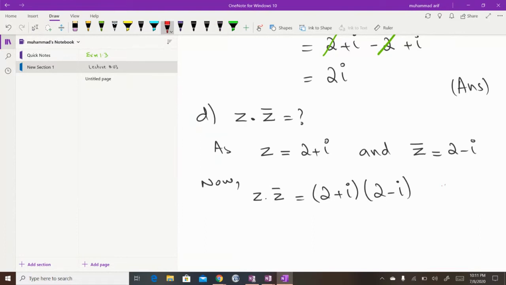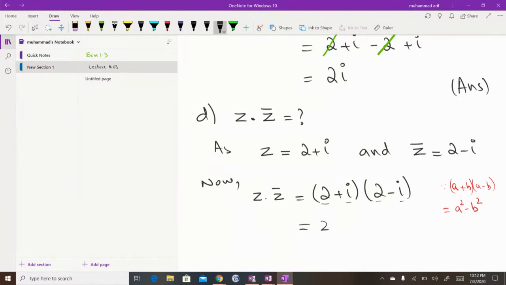Here we use the formula. What is the formula? The formula is (a plus b)(a minus b) is equal to a square minus b square. Here we see, what is a? a is 2. What is b? b is iota.